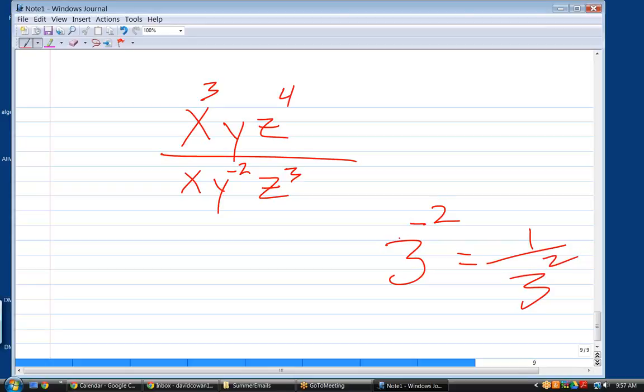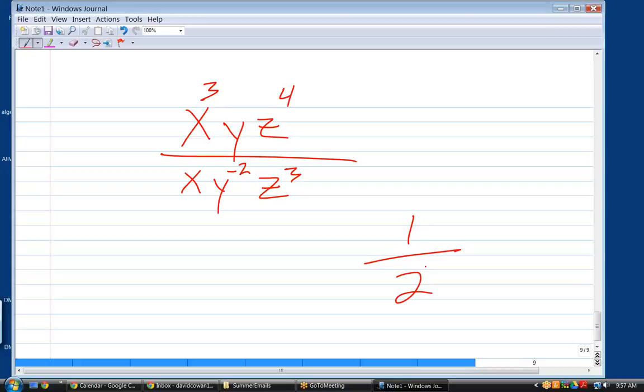If I had 4 to the minus 3, then it would be 1 over 4 to the positive 3. If I have 1 over 2 to the minus 3, notice I'm now in the denominator. Well, all you do is move it to the other side of the fraction line and change the sign.